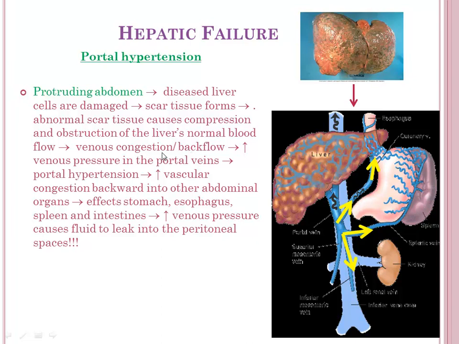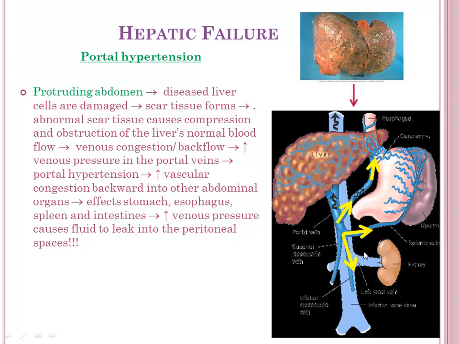And this venous congestion and backflow will cause increased venous pressure in the portal veins, and these veins are not meant to have a high pressure. Anytime your pressure becomes elevated, it's hypertension. Because this is in the portal vein, we call it portal hypertension. This increased pressure causes vascular congestion backward.